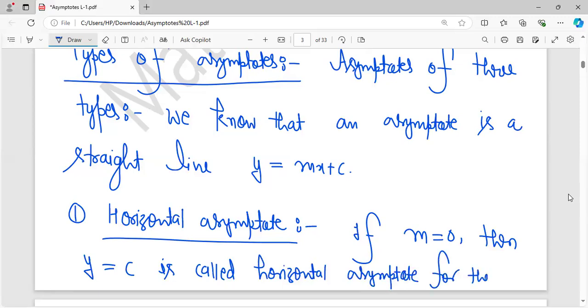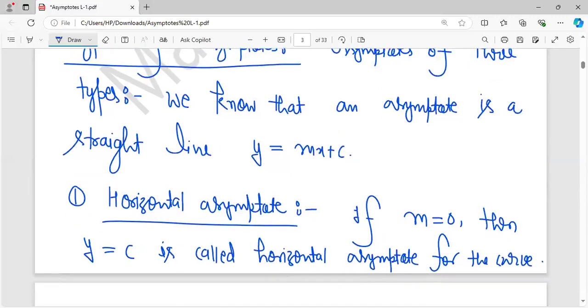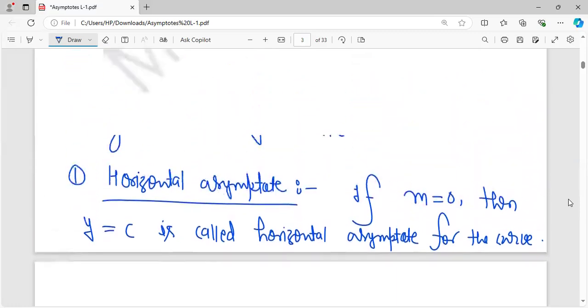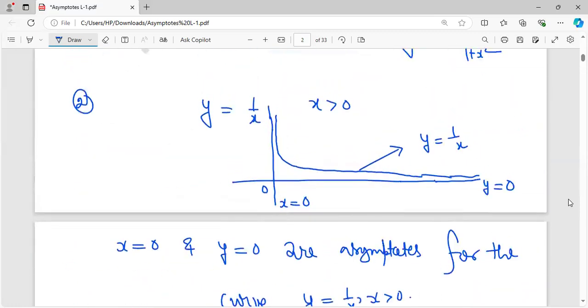Okay. So what is the example of horizontal asymptotes? We have seen an example.